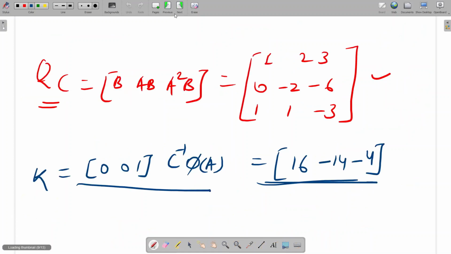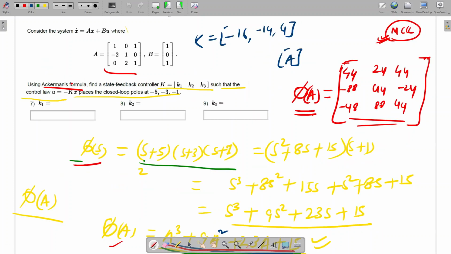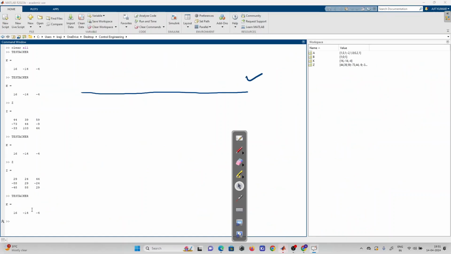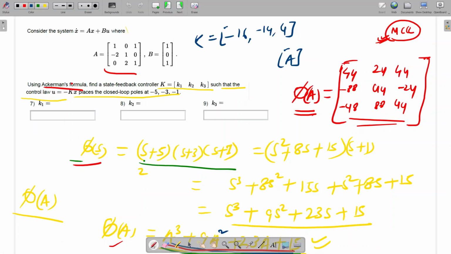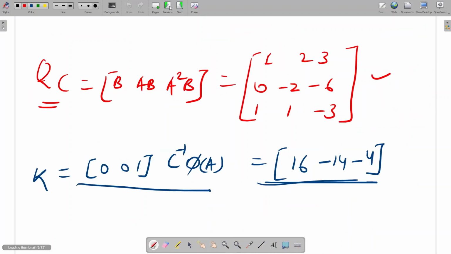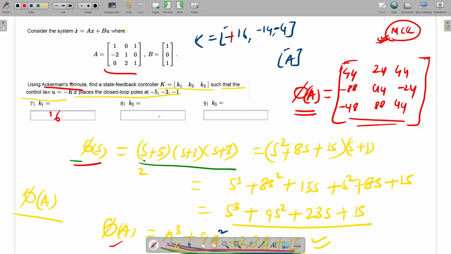I have written this here. K1 is 16, not minus 16. So K is 16, -14, -4. Is it clear to all up to now? Yes, sir. Okay.